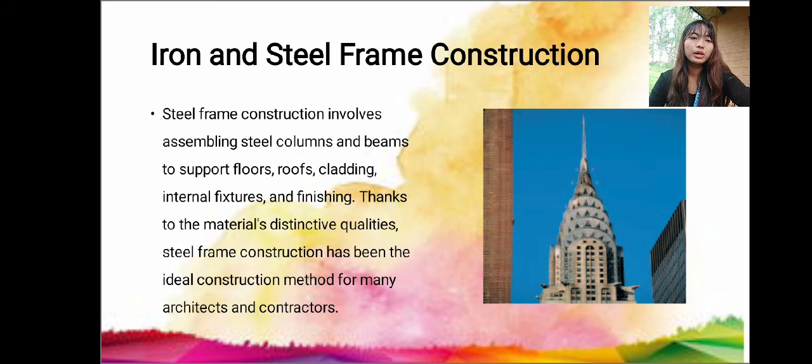The difference between wood framing and iron and steel framing is that iron and steel framing uses iron and steel, while wood framing uses wood to build the pillars of buildings or houses. One example of iron and steel frame is the Eiffel Tower in France, which is one of our favorite places to go. Next is reinforced concrete construction.